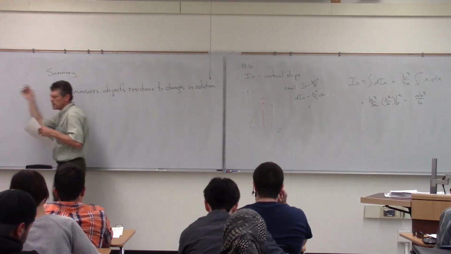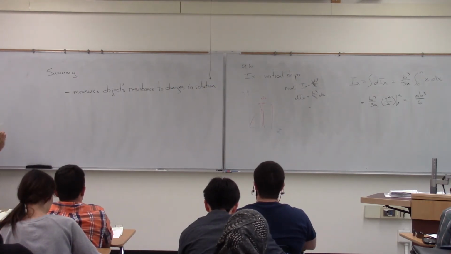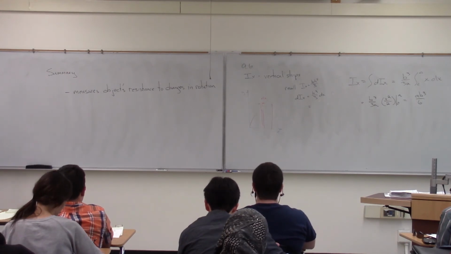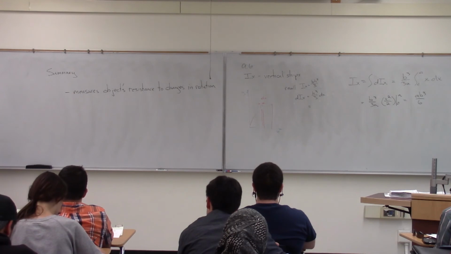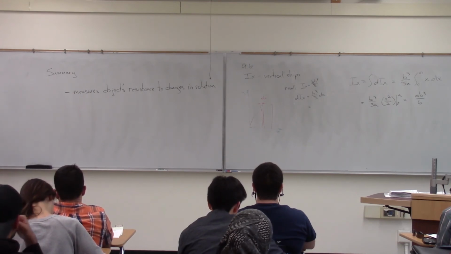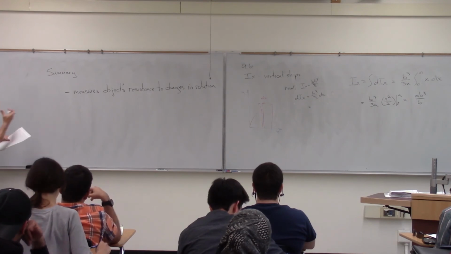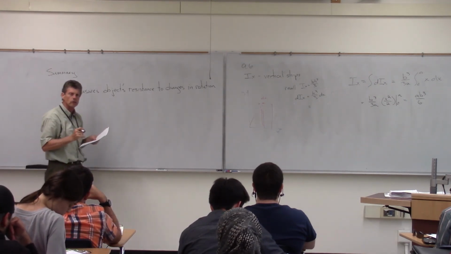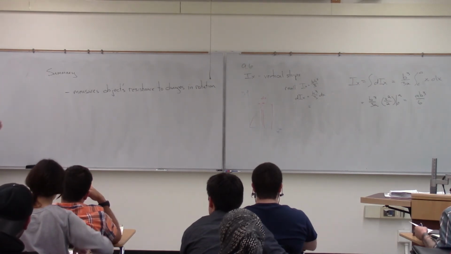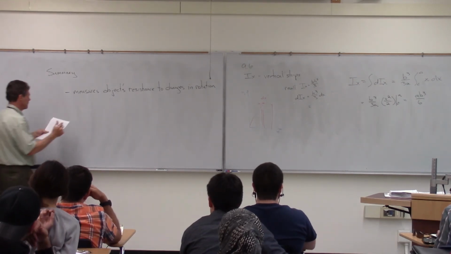Okay, so it's measuring the object's changes to rotation. And again, when we think about that bending, what we're talking about is that plane section that's going to be rotating internally in the beam. So it's talking about how much resistance I have to that change. So the bigger I have, basically, the more resistance I have, the more moment I can carry.